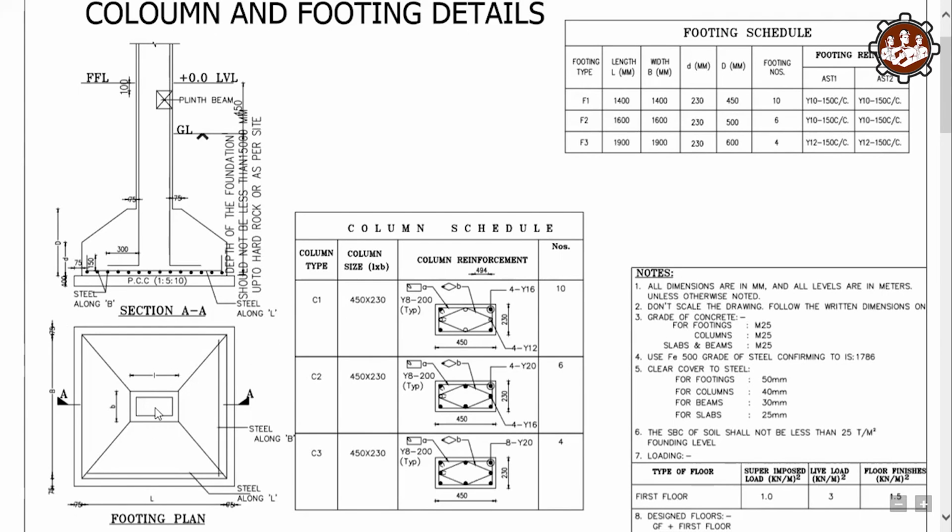So we add projection 75 mm on this one side, and 75 mm on this other side. The same for the breadth. Breadth is given here as 230 for the column. We add this 75 and this 75. Okay, so this is the structural drawing of the isolated footing.